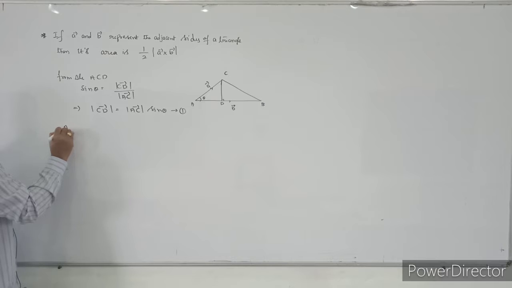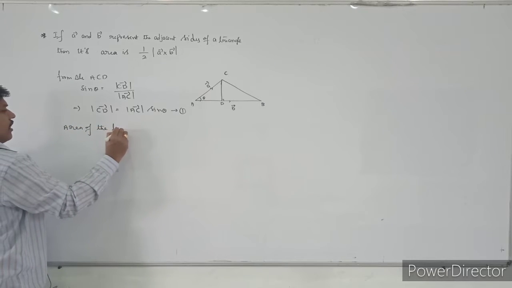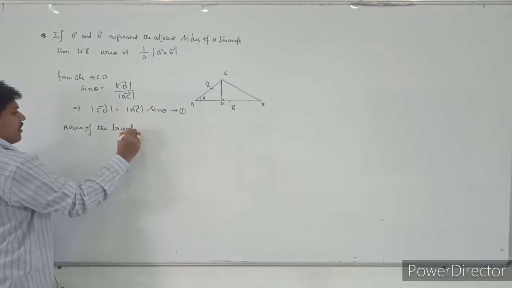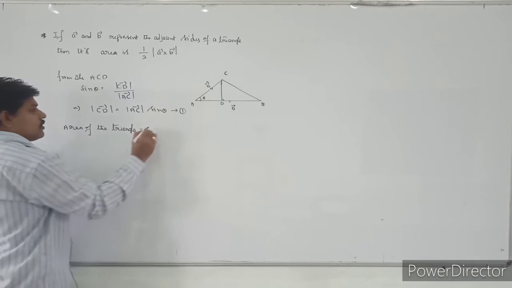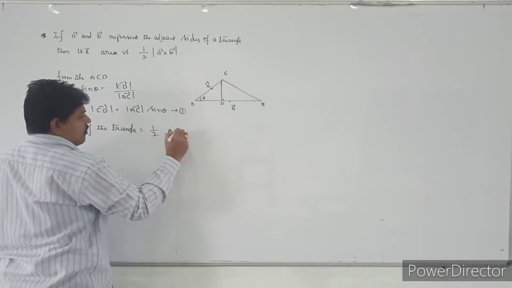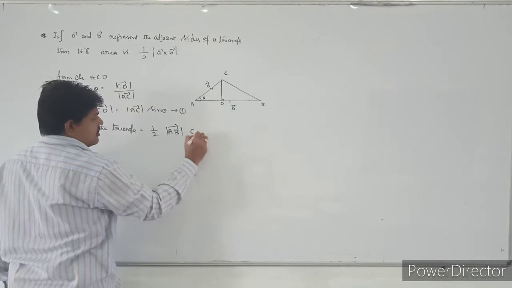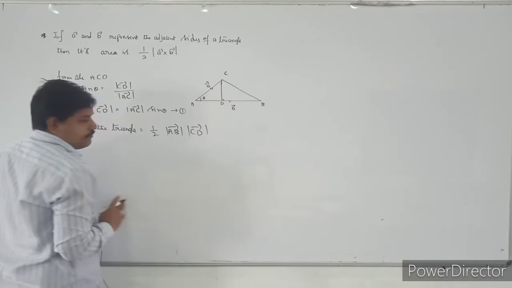So what is the area of the triangle? That is equal to half into base into height. What is the base? That is nothing but mod AB bar. What is the height? That is nothing but CD bar.